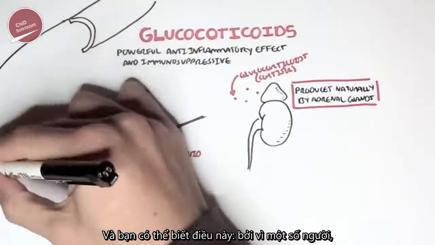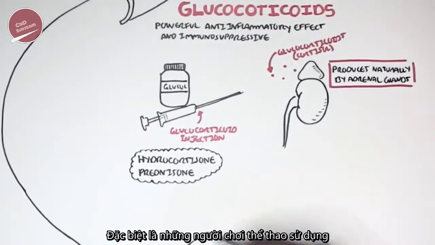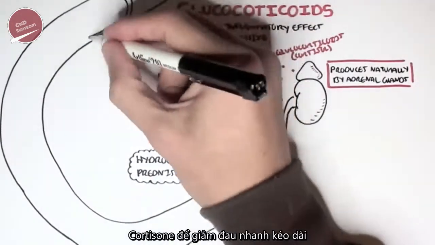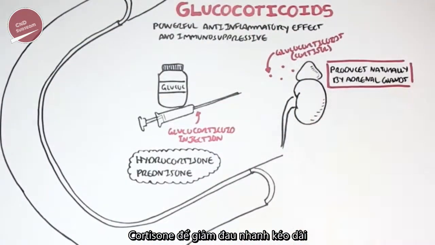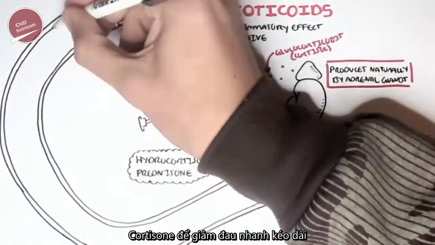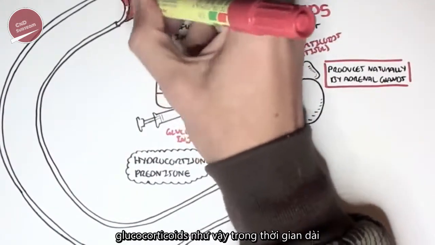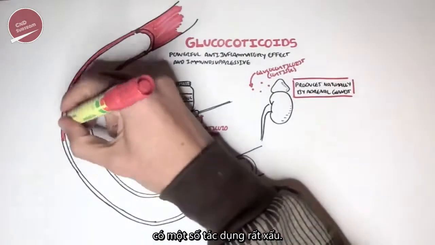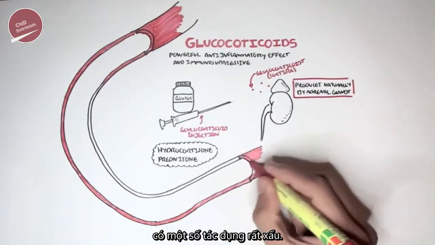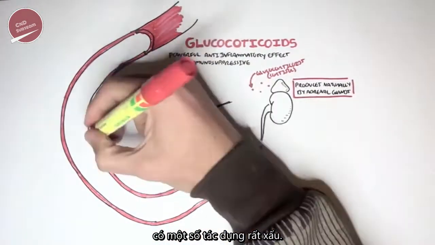You might know this because some people, especially sports people, use cortisone to relieve pain quickly for a duration of time. But of course, taking glucocorticoids like this for a long time has some very bad effects.